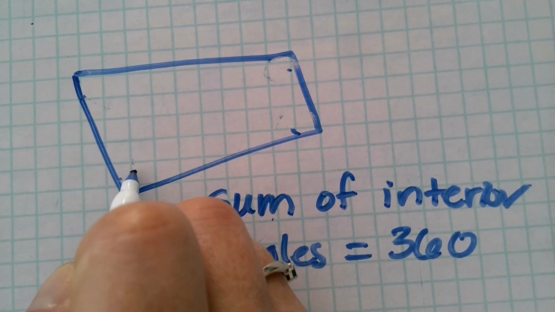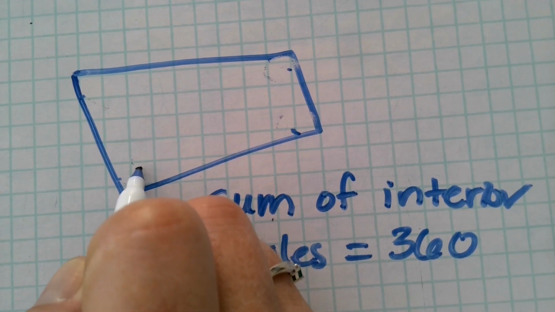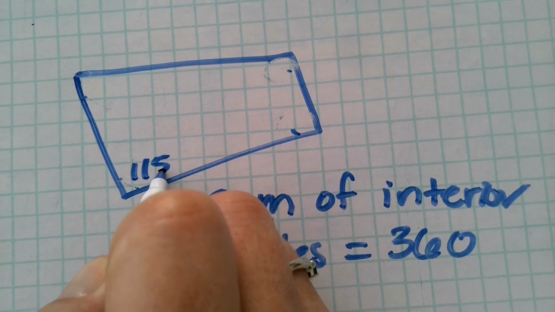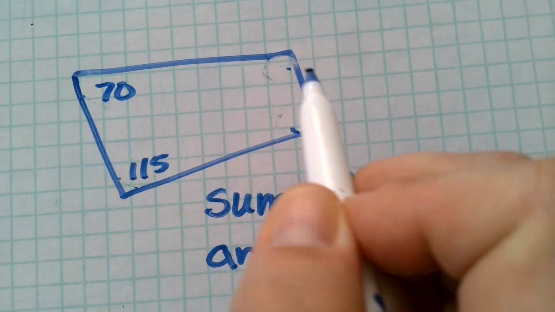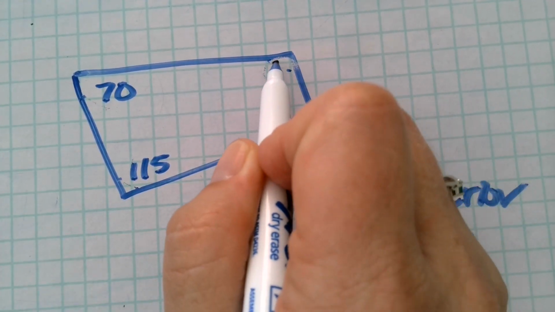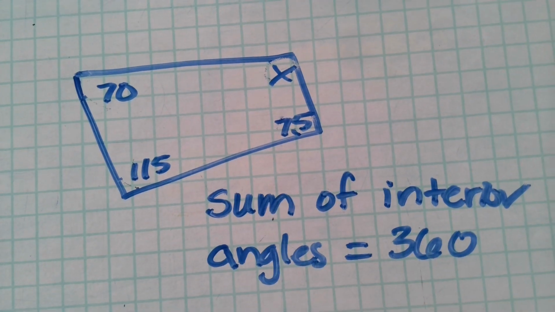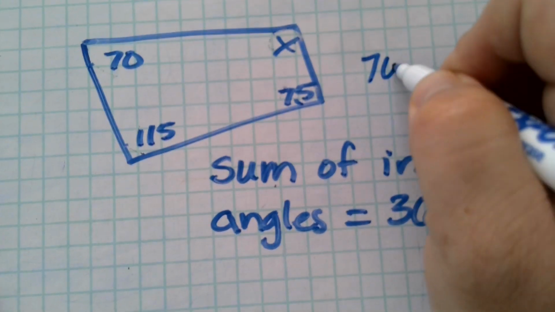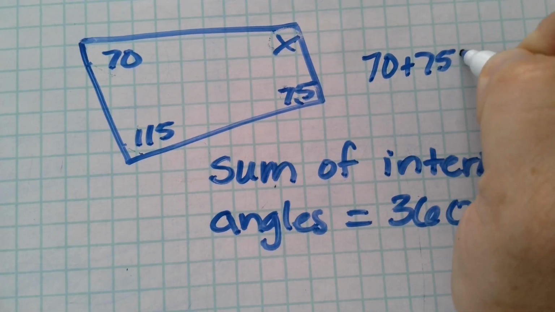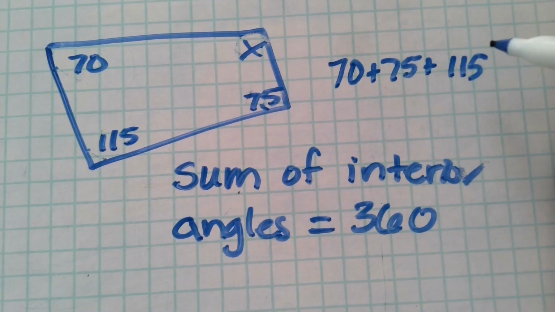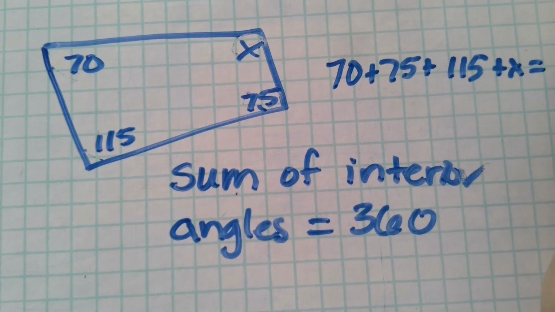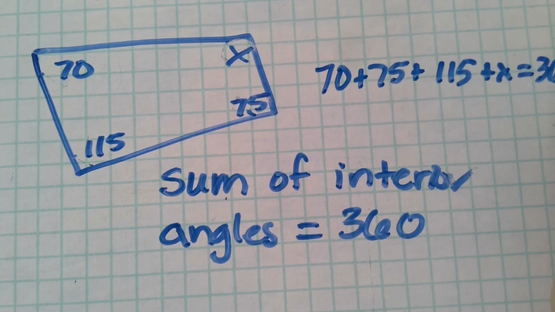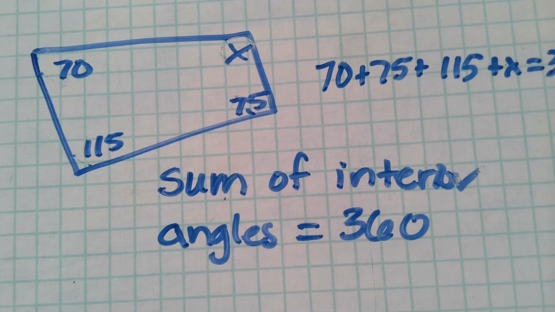So let's imagine you have, this looks like about a 115, maybe that's a 70, maybe that's 75, and x. What you are going to do is add all these up. So you're going to say 70 plus 75 plus 115 plus x equals 360.